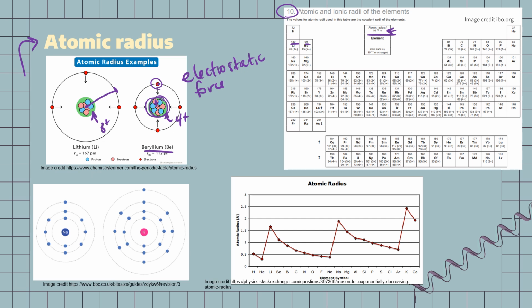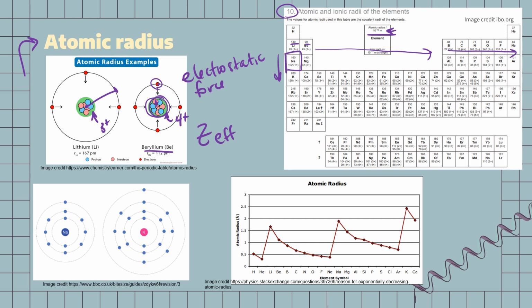More protons means those electrons get pulled in closer to the nucleus, which makes the radius smaller. We call this Zeff, or the effective nuclear charge. So as we go across, we add more and more protons, and the atom gets smaller. The radius decreases. But what about when I go down?